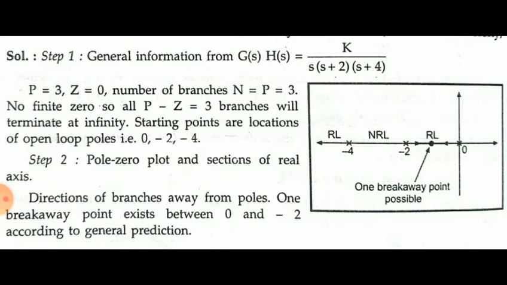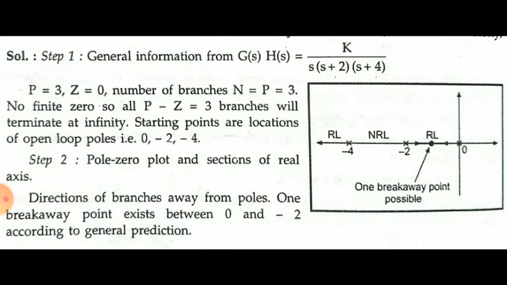So that means only one point is on the right hand side of the point P. When the point P is in between 0 and -2, it means the count is odd. So the section between 0 and -2 is on a root locus. The name given for that section is RL.